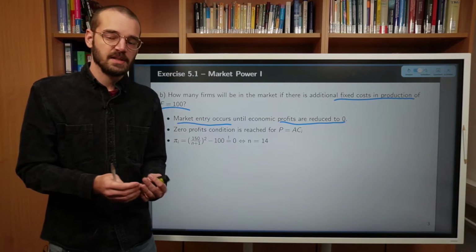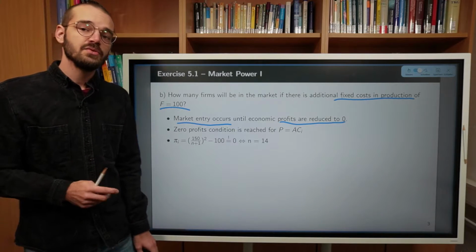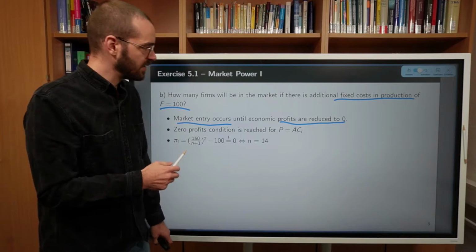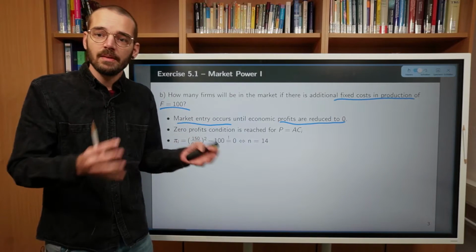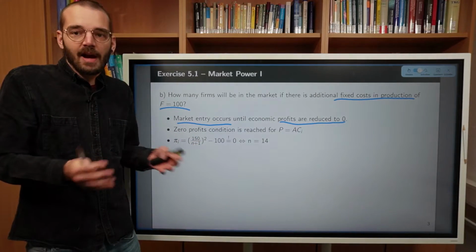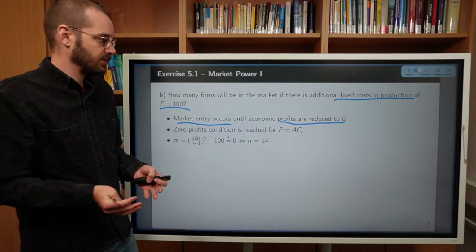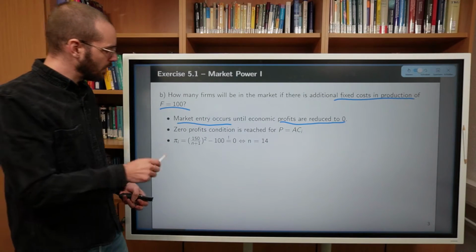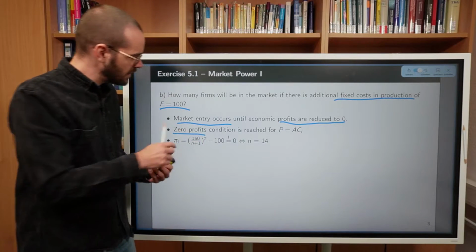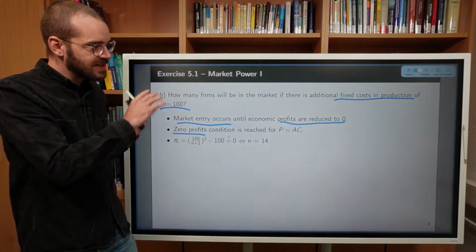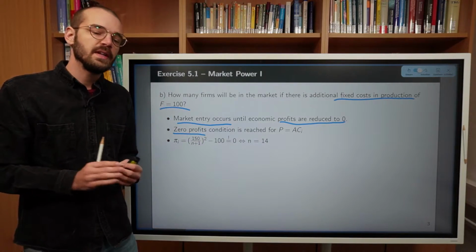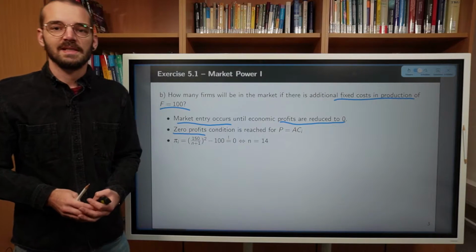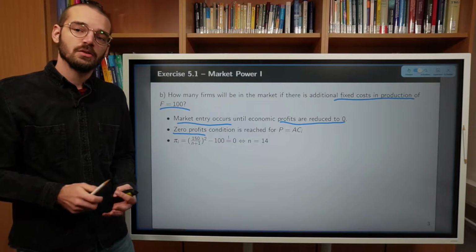And this, of course, results in market entries as long as the profit of the number of firms that are in the market after the entry are still non-zero and positive. All right. In addition, we know that zero profits in these settings where we not only have marginal costs, but instead we also see fixed costs.